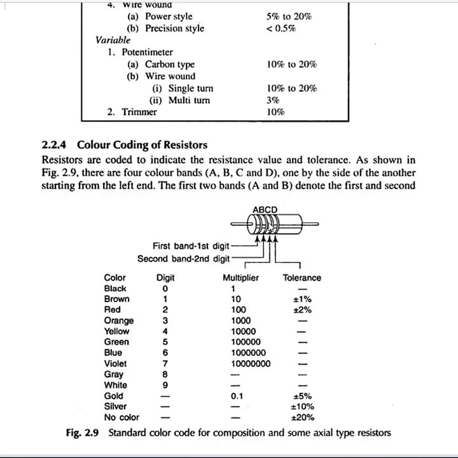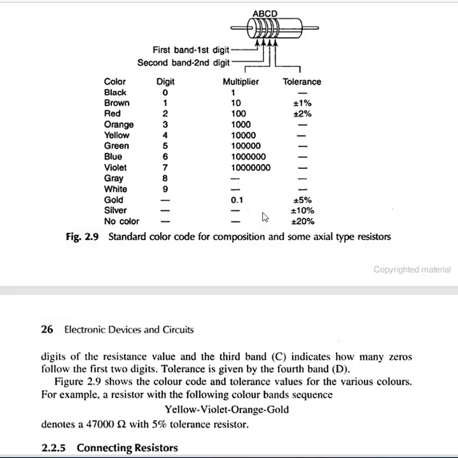The first two bands A and B denote the first and second digit of the resistance value, and the third band C indicates how many zeros follow the first two digits. The tolerance is given by the fourth band D.